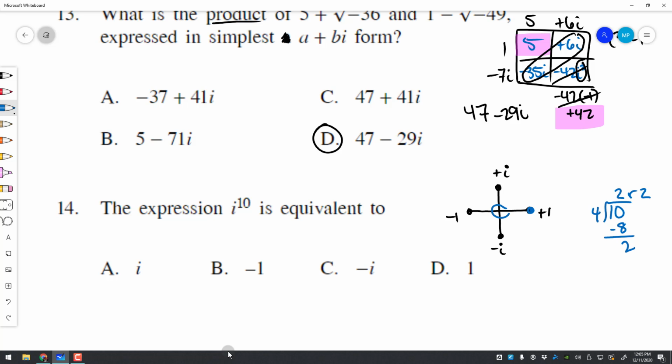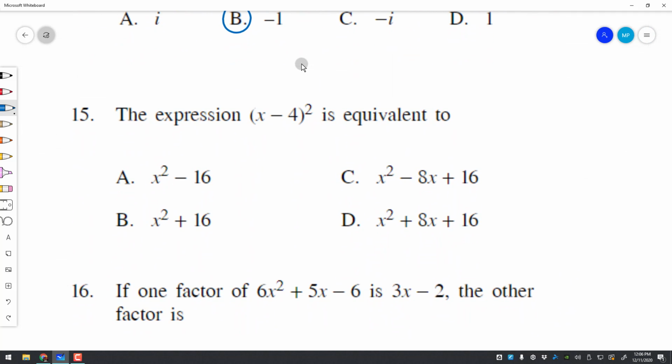So we'd go around this whole thing twice, once, twice, and 2 left over means 2 more 90-degree rotations. So we end up at negative 1. This remainder basically tells me how many rotations I need to go after we've gone around this many times, right? And I'm more interested in that remainder to help me get my answer.